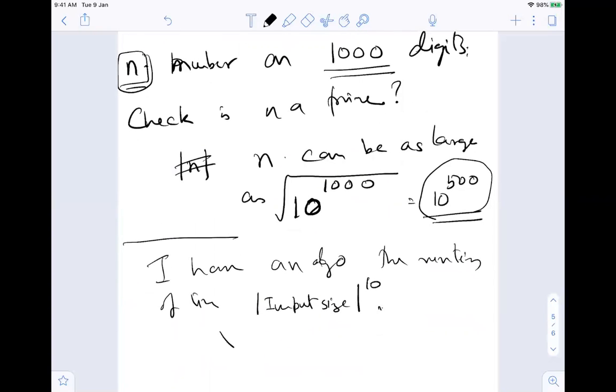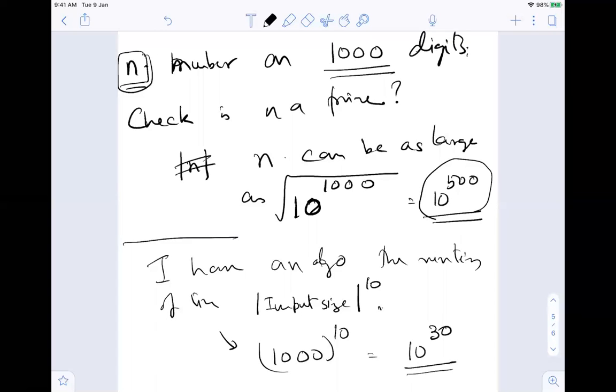In that case, the running time becomes 1000 to the power 10. Now 1000 to the power 10 is basically 10 to the power 30. The 10 to the power 30 already is a number which is way better than 10 to the power 500.